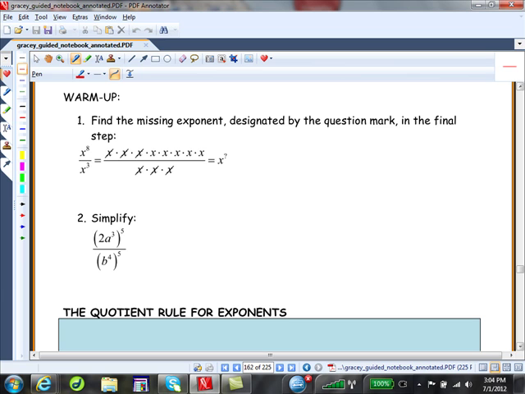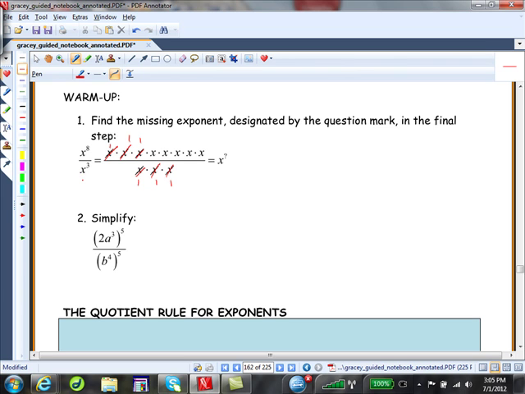All right, let's see how you did with the first one. Notice that this factor of x divided out this one, so those ended up being 1, 1, and 1. And then we had 8 factors of x. 3 of them were divided out by the denominator, which had 3 factors of x.